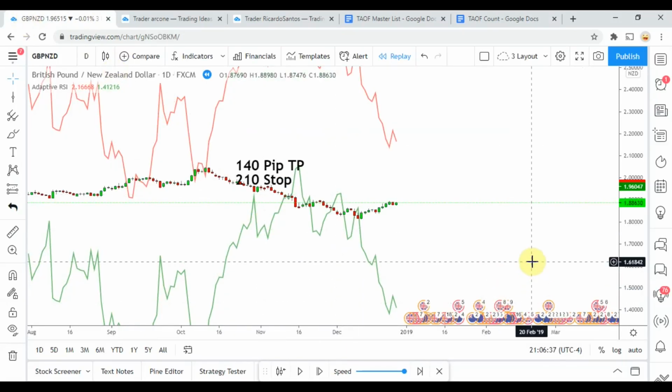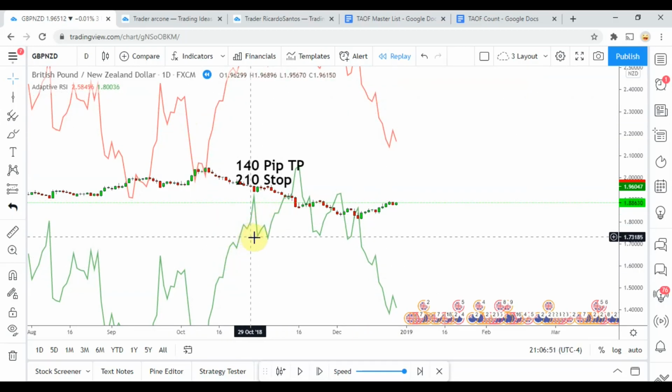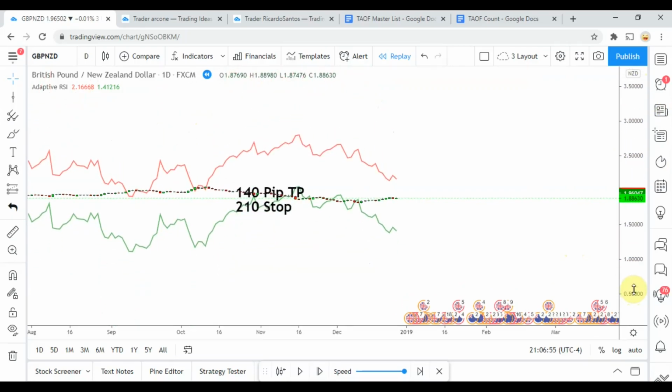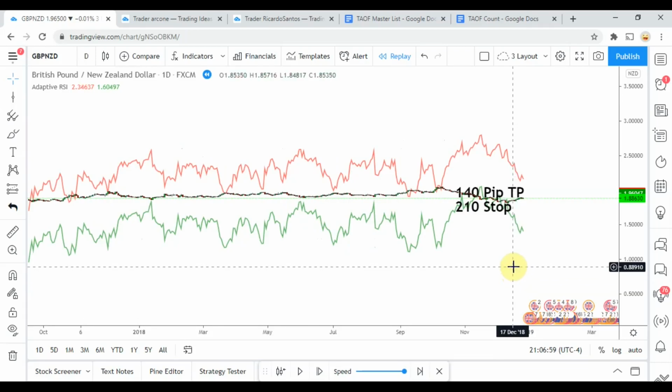All right, as I said, today's indicator is the adaptive RSI. And so you can see it here on screen. It consists of this red line here and this green line here. Let me actually draw this in a little bit more so that it's a tad bit more clear.